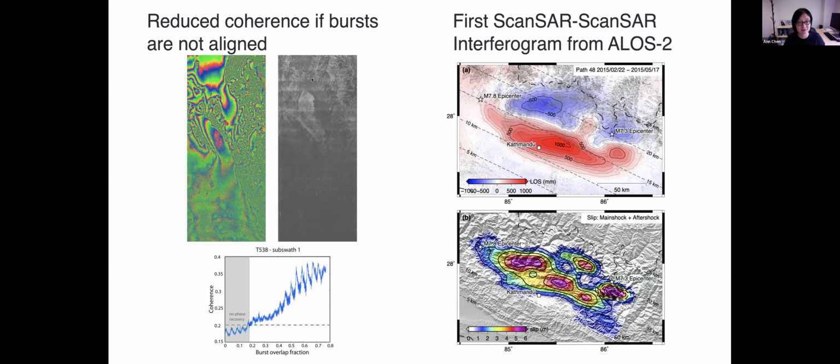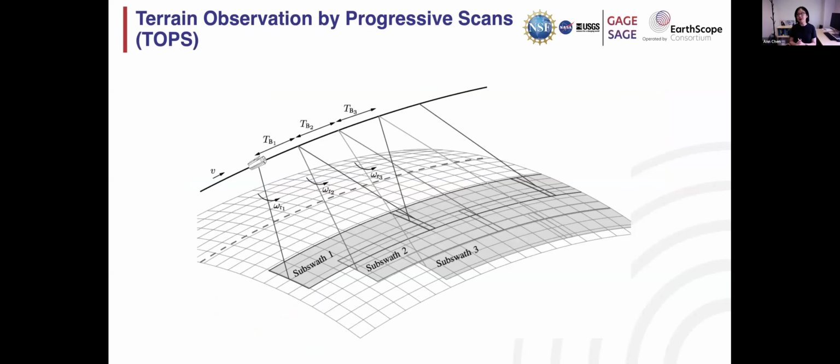You can also see in this amplitude image that sometimes it is less consistent across the bursts. That's why for Sentinel-1, the goal is to mitigate those limitations of the ScanSAR imaging mode and allow more uniform amplitude across the swaths.